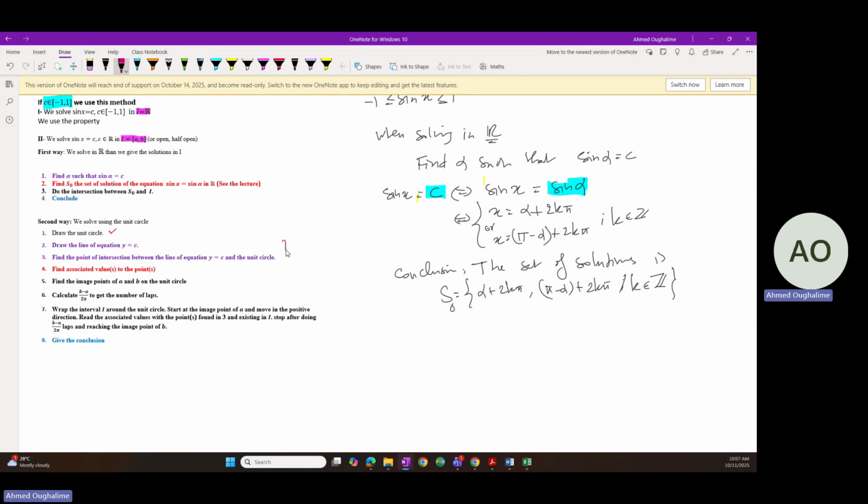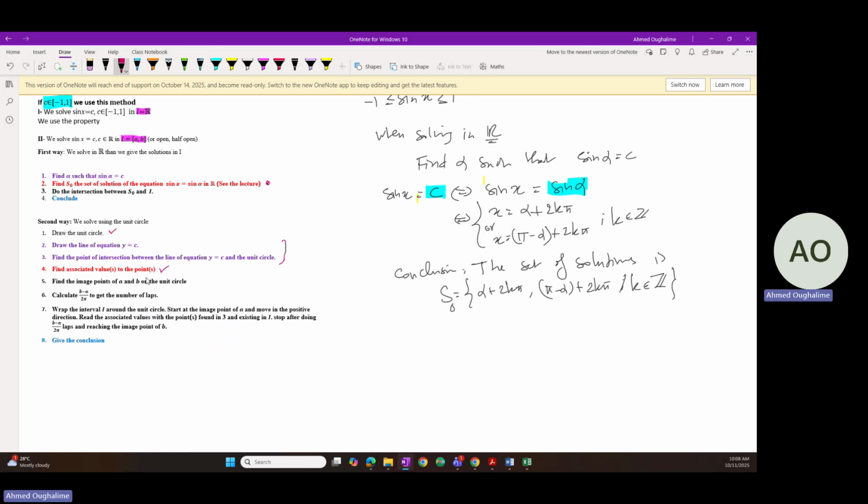At that moment, we find some special values if they are well known. When we find all the associated values, we are finding S0 actually.